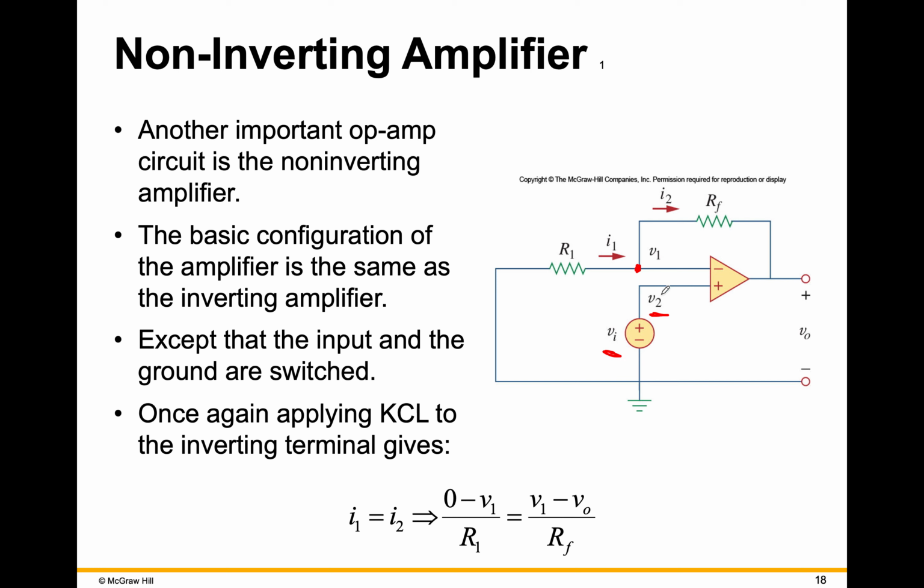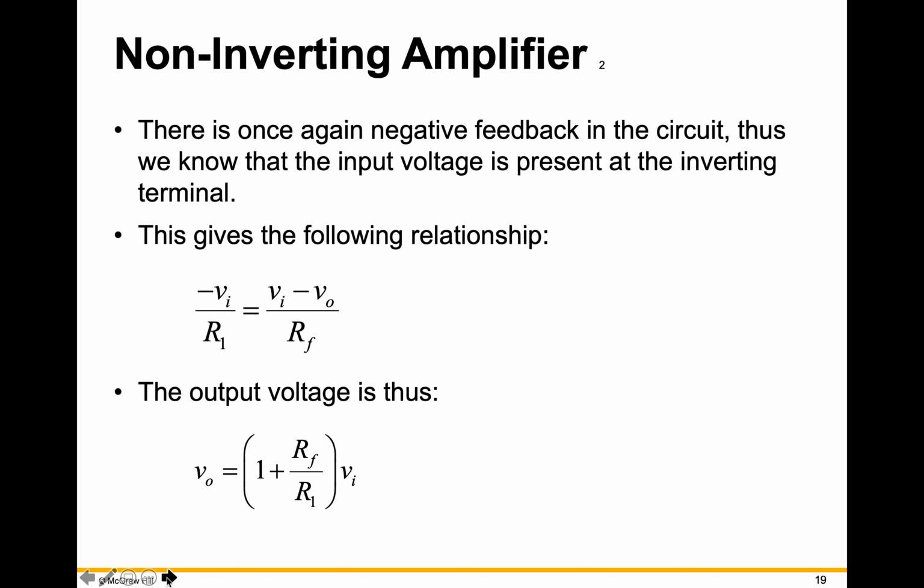Now V1 minus V2 is still 0, but in this case you do have an input voltage. So you would write a KCL at this terminal, and if you simplify that, you find that you get two relationships.